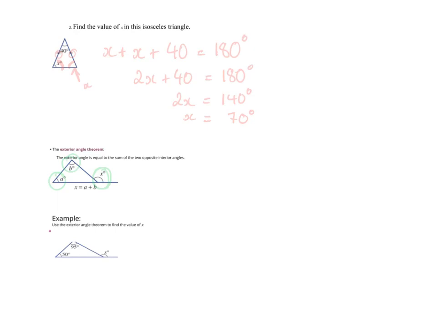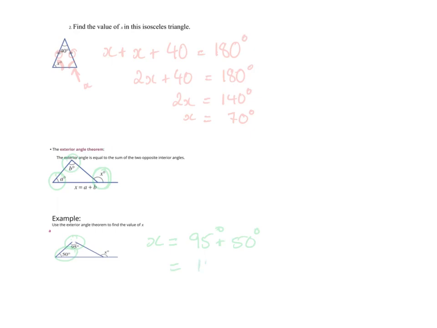So if we put that into practice here, in this example, you're looking for the exterior angle. So what do you know? Using the rule, you know that x must be equal to 95 plus 50 degrees. These two.